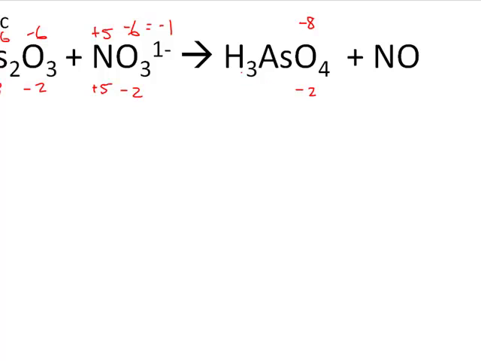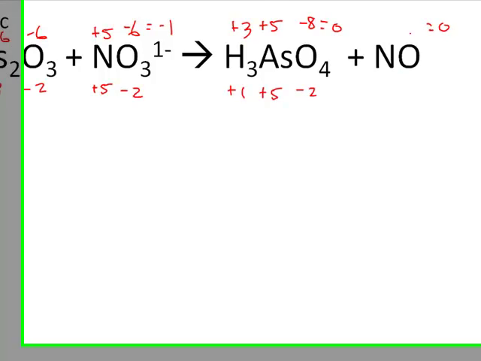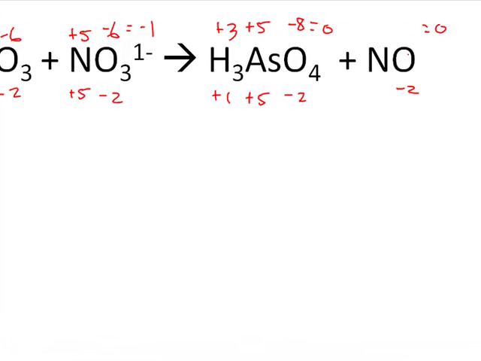Hydrogen is +1, there's 3. So arsenic here with 0 net charge on the molecule has to be a positive 5 for its oxidation state. In NO, net charge on the molecule is 0. Oxygen is negative 2, so nitrogen has to be positive 2 here.